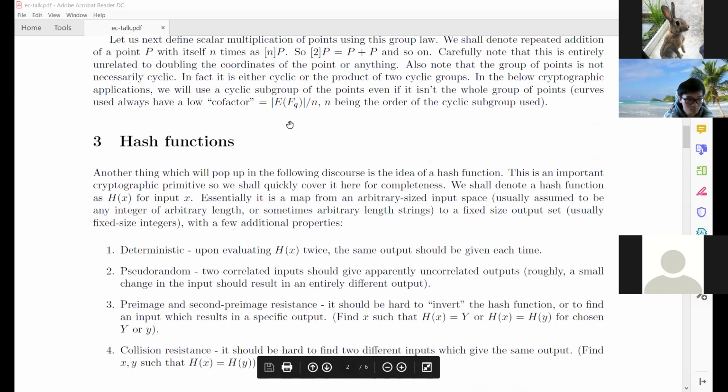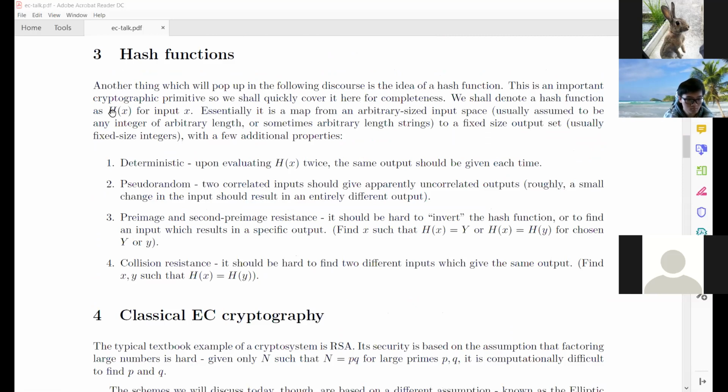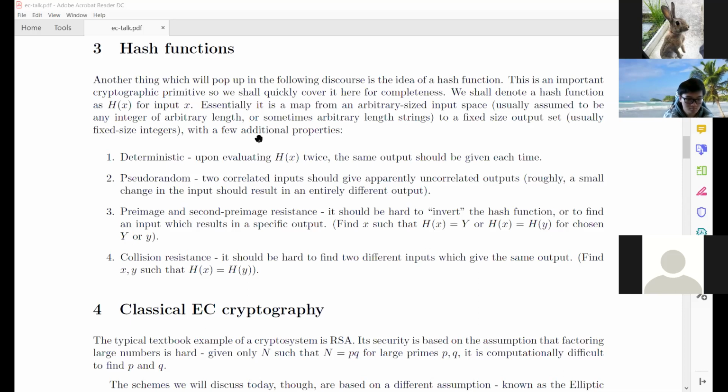Now, a quick intro to hash functions as well, because I don't know how much crypto anyone's seen or just maths. So apologies if this is very basic and overly repeated, but we'll need what a hash function is later when we come to one of the signature schemes.